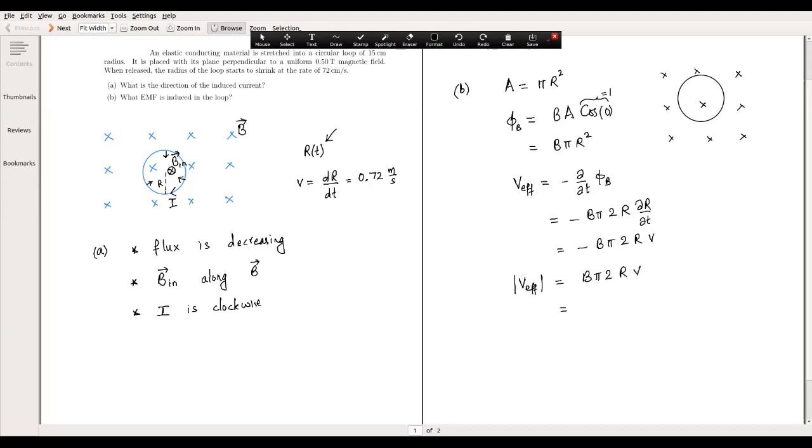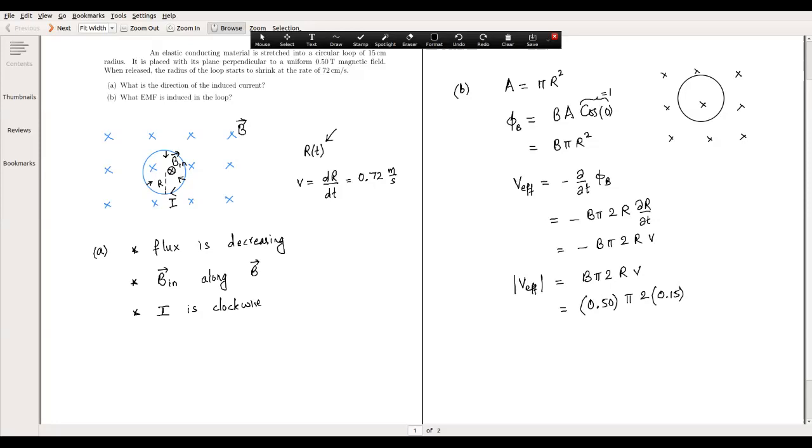Putting in the numbers given in the problem, we have magnetic field to be half a Tesla, pi 2 times, and this is the effective voltage induced when the radius is exactly 15 centimeters. As the radius decreases, this induced voltage also decreases. It is a radius dependent quantity. So it's 15 centimeters in meters, it will be 0.15 meters.